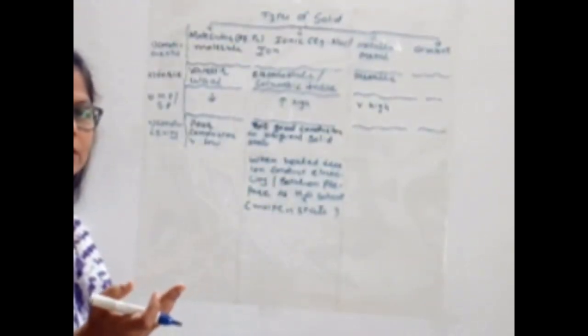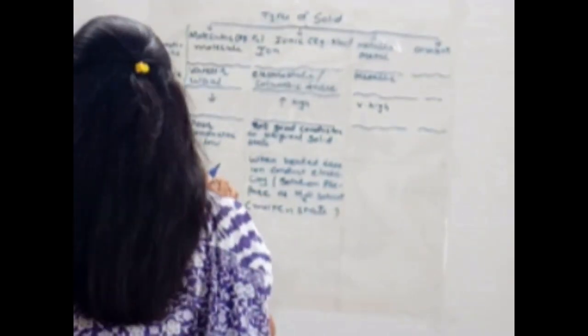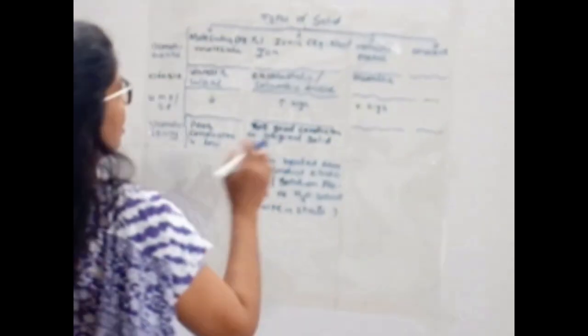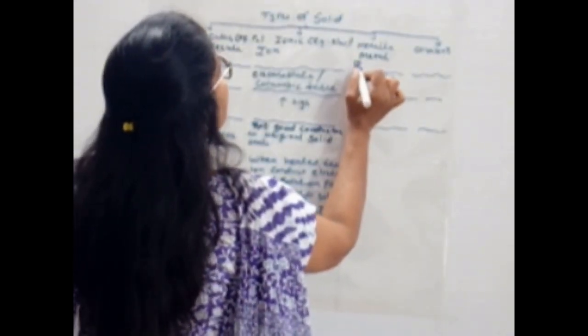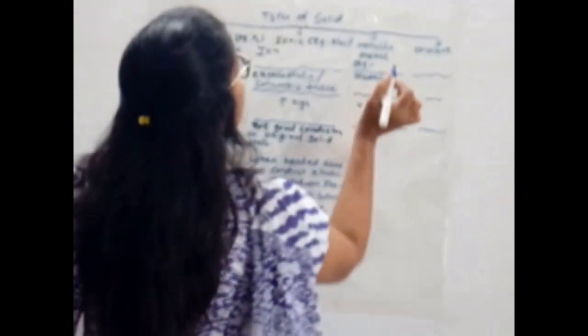But if we are comparing ionic solid and metallic solid, then definitely metallic solid melting points are very, very high. Now about the conductivity. Here we forgot to write the example. Students, what are the examples of metallic solid?